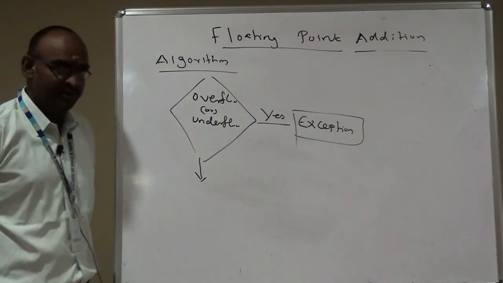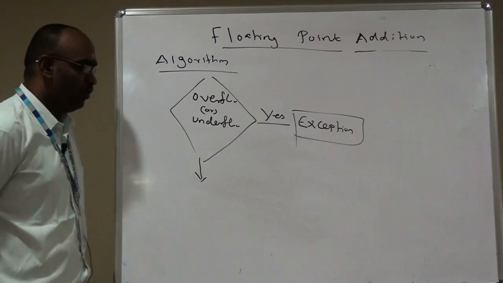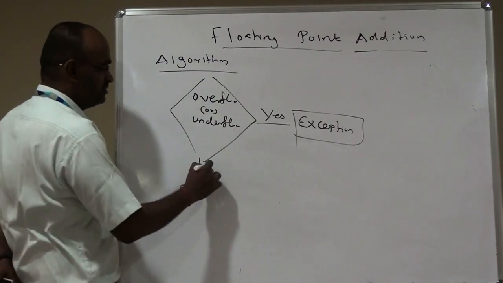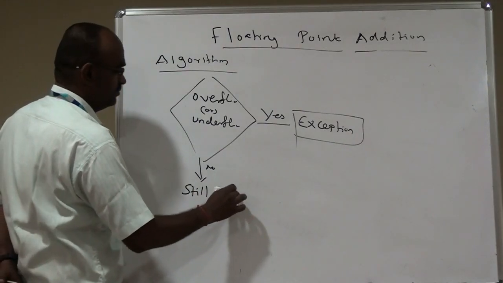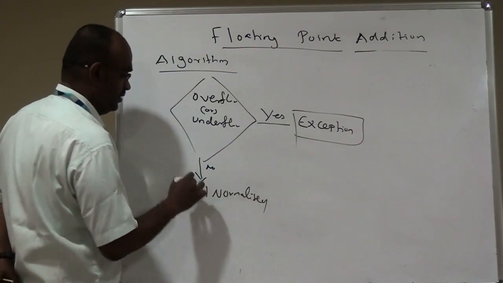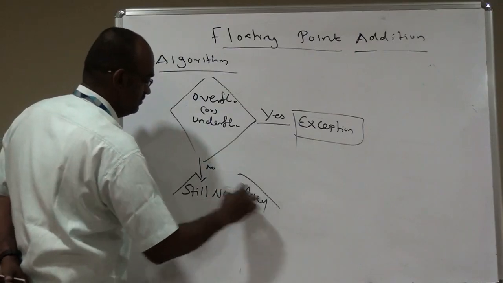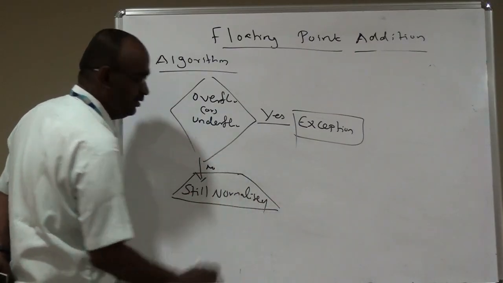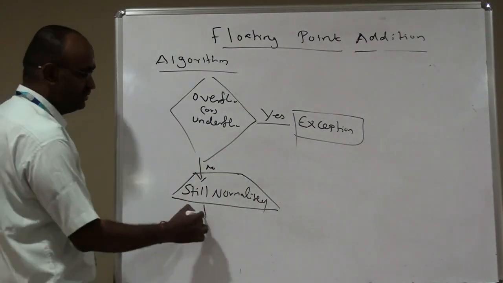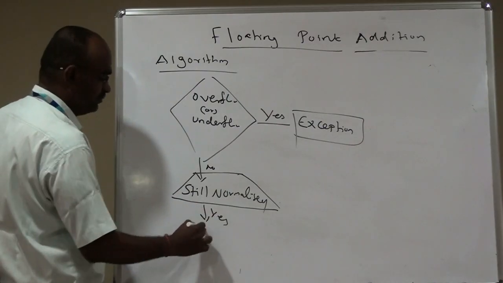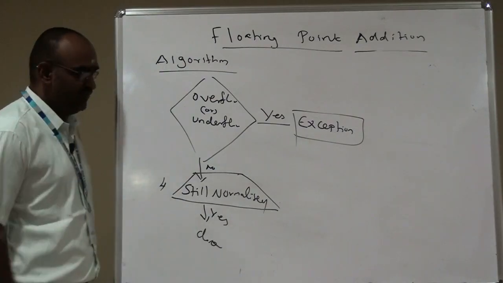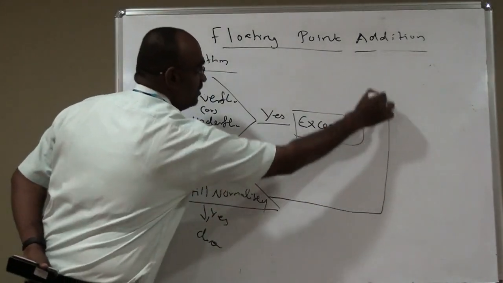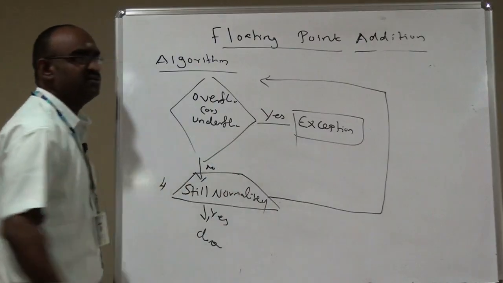Then check if it is still normalized. If it is normalized, then we are done. This is the fourth step. If it is not, we go back to the normalization of the previous step.